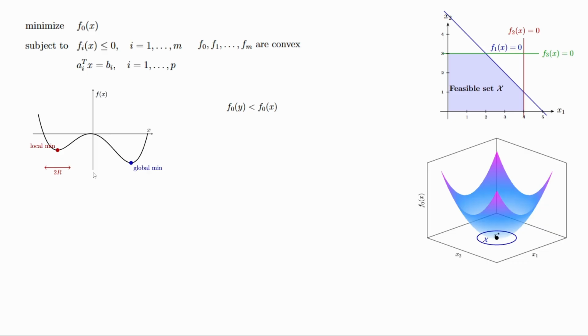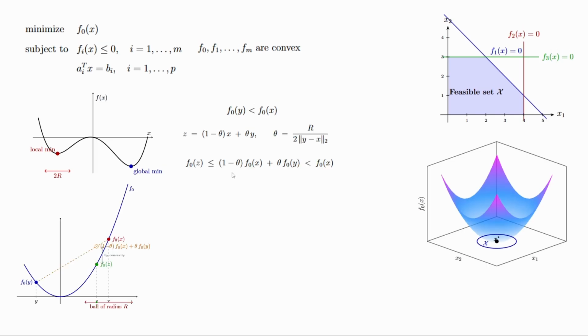But now let's use convexity. So we construct a point z that's a convex combination of x and y. So here z is the convex combination, and we define theta pretty cleverly as r over the 2-norm of the difference between y and x. Now, by construction, the 2-norm of z minus x is equal to the radius divided by 2, right?